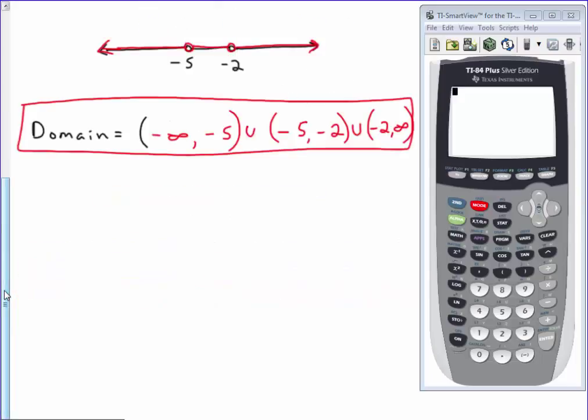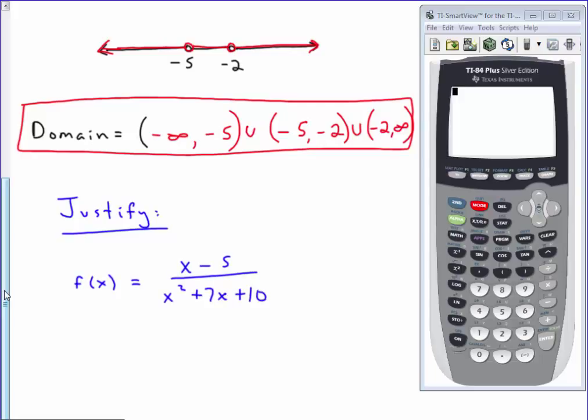But to justify this, I'd like to go to the calculator. Our original function was f of x equals x minus 5 over x squared plus 7x plus 10. To put this in my calculator, I absolutely must use parentheses around the top and the bottom of my function.